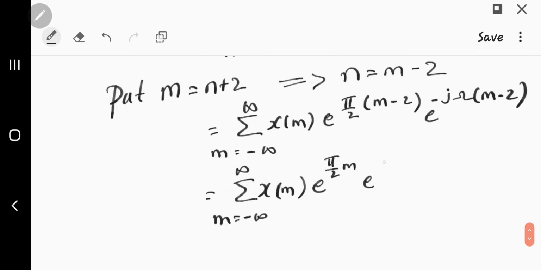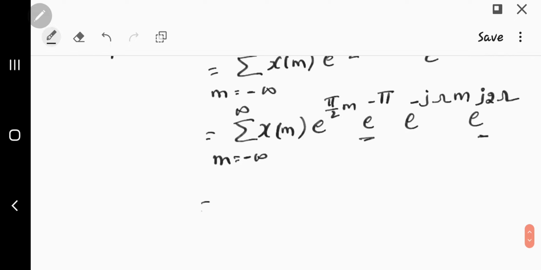and e to the power of minus pi here. So 2 gets cancelled here. Here this one e to the power of minus j omega m and e to the power of plus j 2 omega. Now with respect to this, these two I have to take, I will move this outside here.